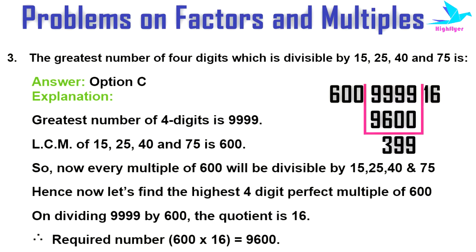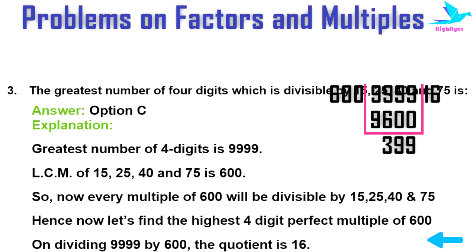To do so, we'll divide 9999 by 600, getting a remainder of 399 and a quotient of 16. So here 16 is the highest times that 600 can repeat itself within the limits of 4-digit numbers. So now multiplying 16 with 600 will get the required number, which is 9600.